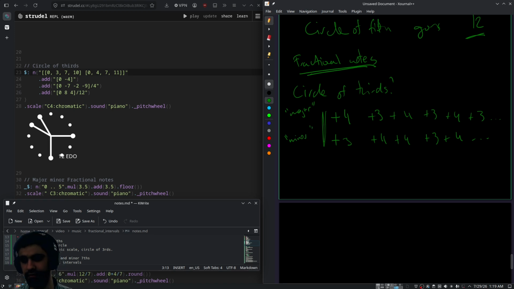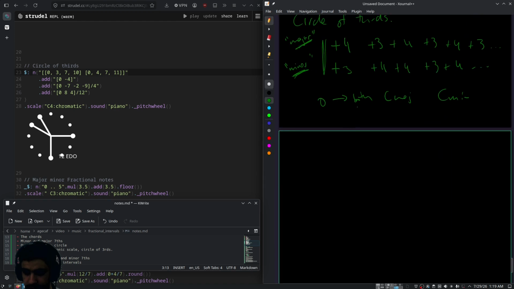And so what I would like to do is use numbers to be able to tell the major and the minor apart. At the moment, 0 is both C major and C minor, and I want to tell them apart. What if we just did plus 3.5 instead of doing +3 and +4?